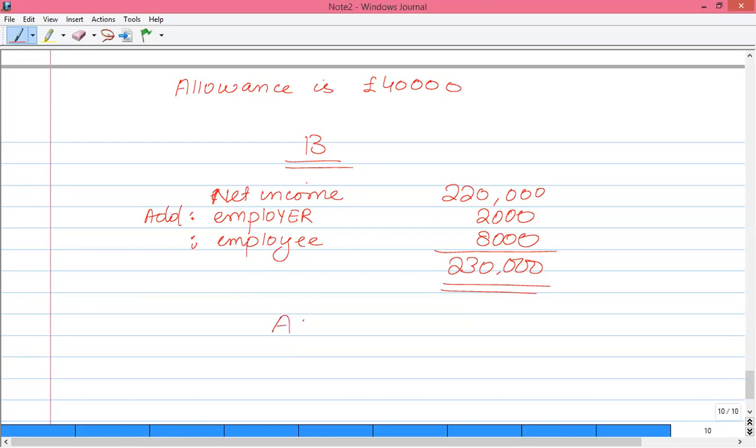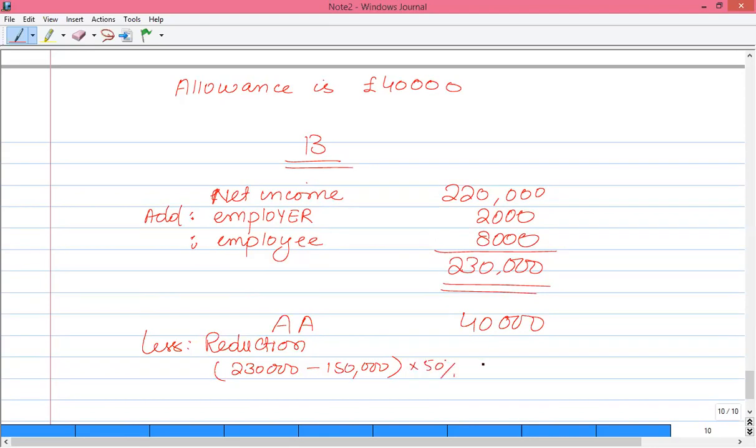So annual allowance is 40,000 minus reduction. Reduction is 230,000 minus 150,000. The difference is 80,000, multiplied by 50%.